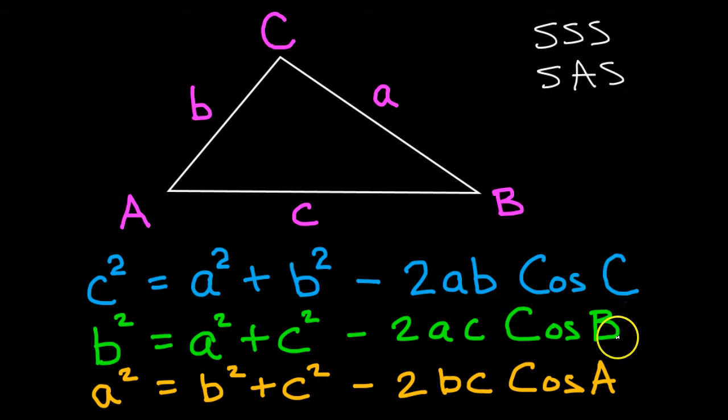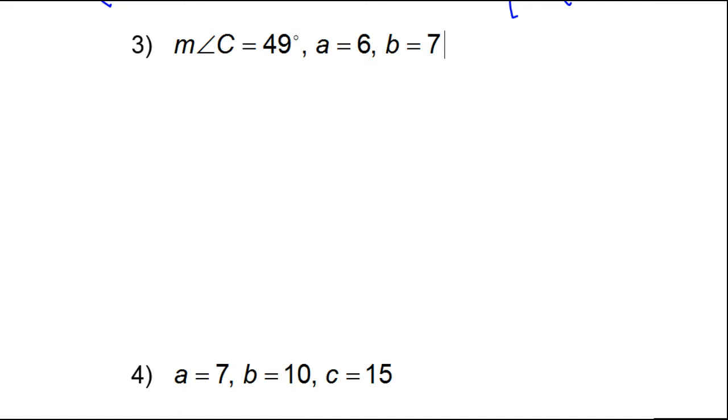But in the cosine, the angle is going to match the side that you started with. And of course, you could do the same thing starting with side a and ending with cosine of angle A. Alright, law of cosines. Let's just do these two examples, and that'll be our video.